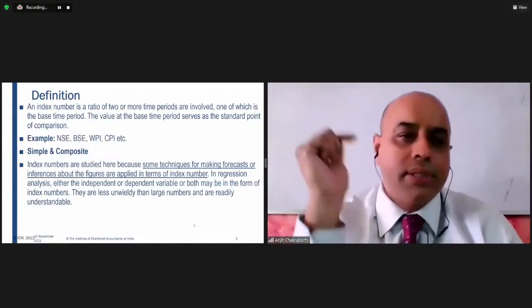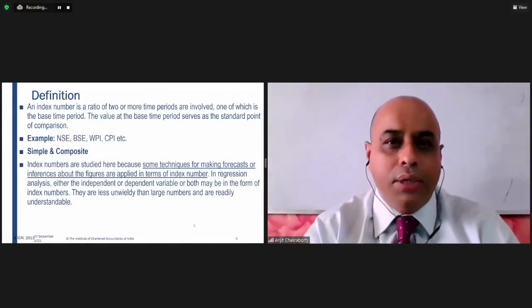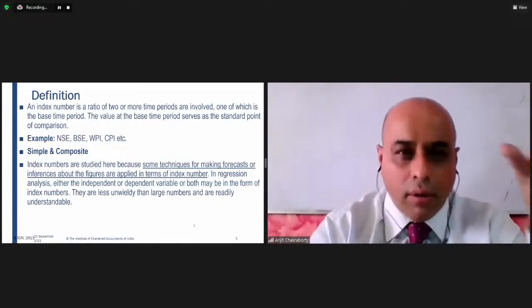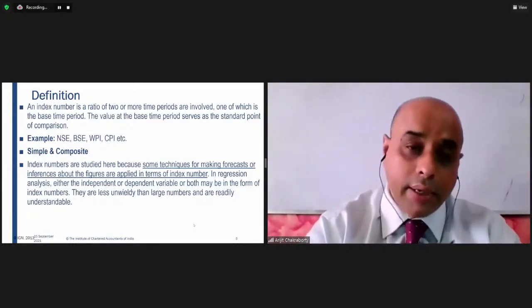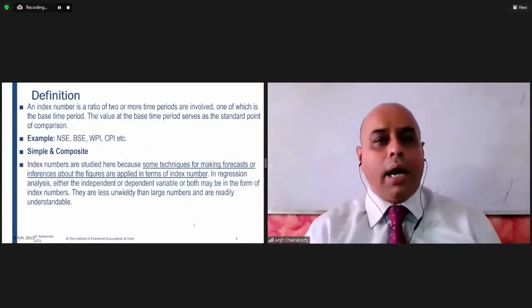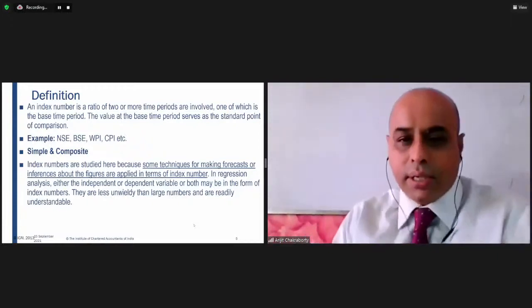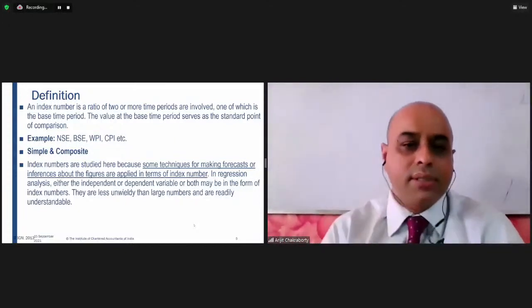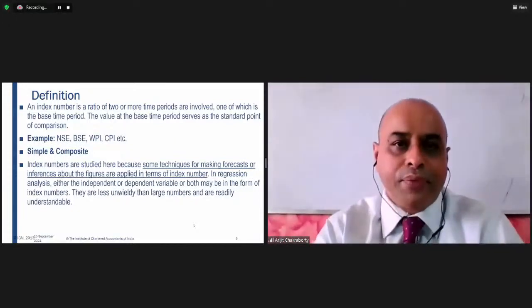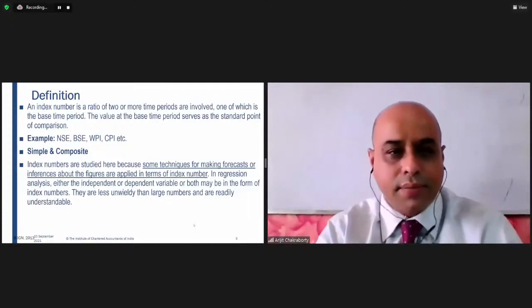As we can see, you have studied certain statistical concepts which are used for financial forecasting. Here, index numbers are also counted as one of the techniques for making forecasts or inferences about the future condition based on certain calculations.